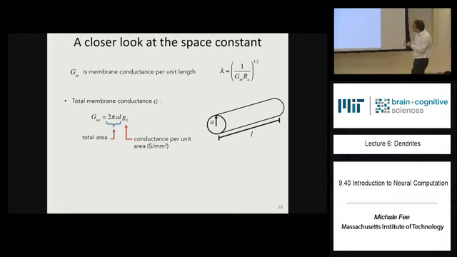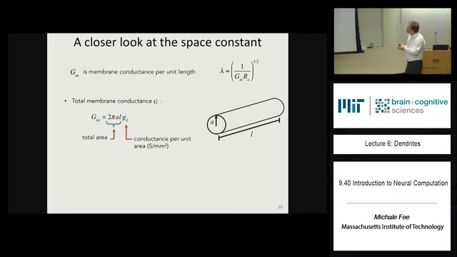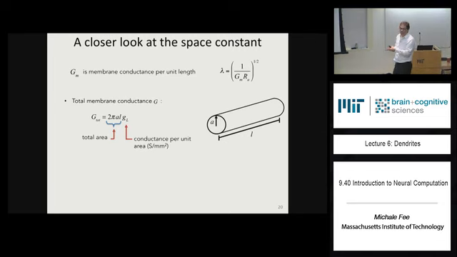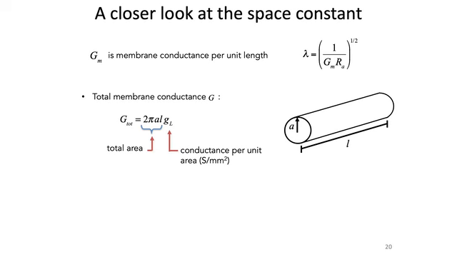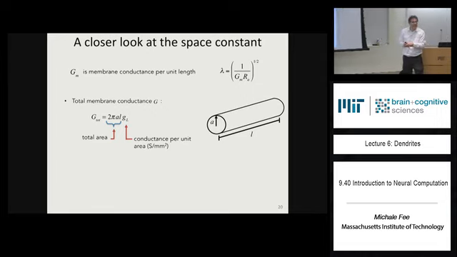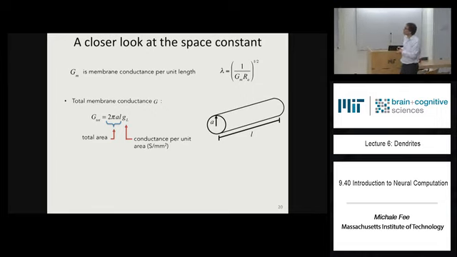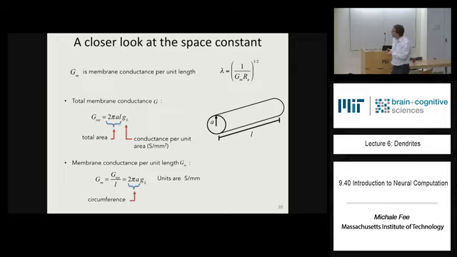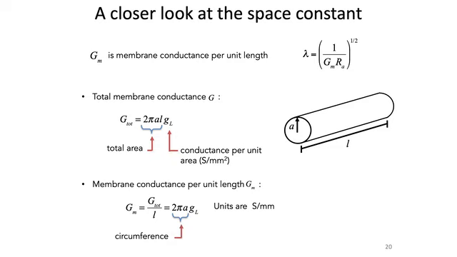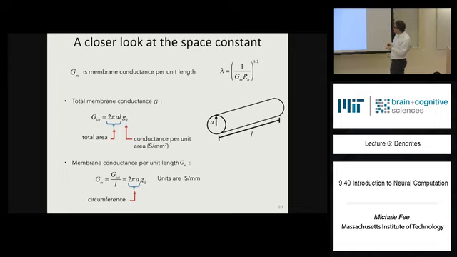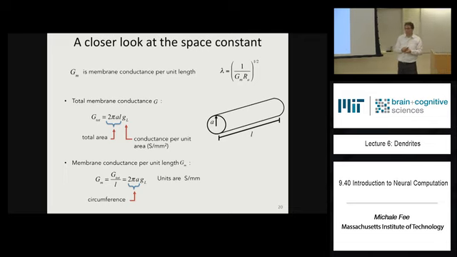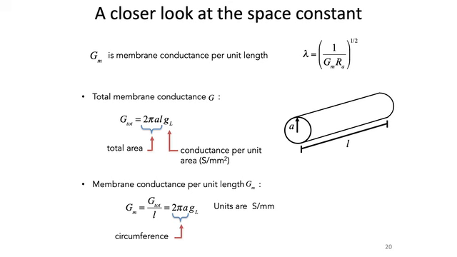So the total conductance is just going to be the conductance per unit area times the area. And the area of that cylinder is 2 pi a, that gives us the circumference, times the length, 2 pi a L. Okay, and the conductance per unit length is just that total conductance divided by the length. So it's 2 pi a times G sub L, the conductance per unit area. All right, so that's membrane conductance per unit length.